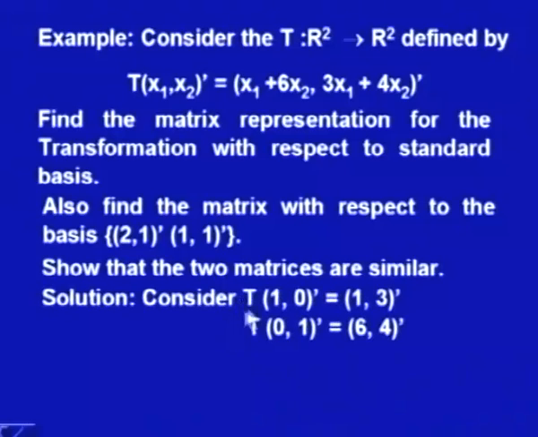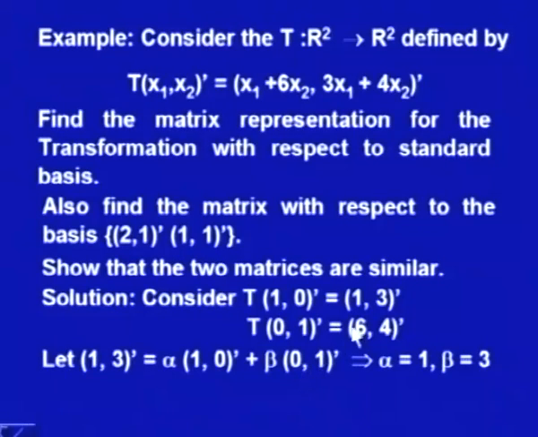So, we start with the vectors (1, 0) and (0, 1) as the base vectors in the standard basis. So, (1, 0) will map to (1, 3) under this transformation. One can check x1 is equal to 1 and x2 is equal to 0, so this comes out to be 1, and the second element will map to 3. Similarly, T(0, 1) will be (6, 4).